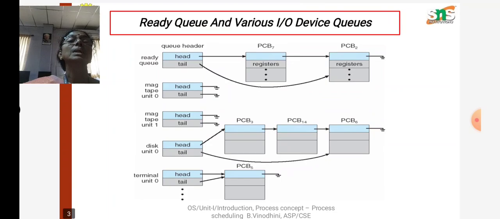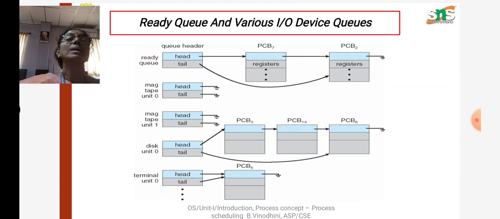Next, the structure of the different types of queues: the ready queue and the various I/O device queues. When a process is created, it has a PCB, the process control block. For example, suppose we have processes P2 and P7 in the ready queue.